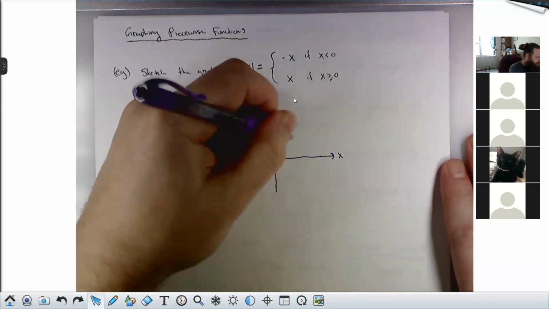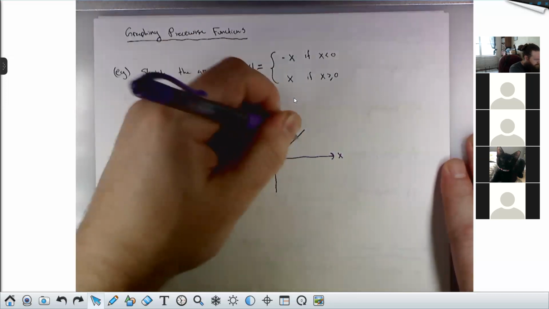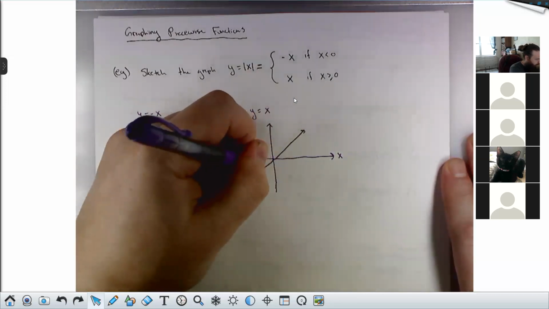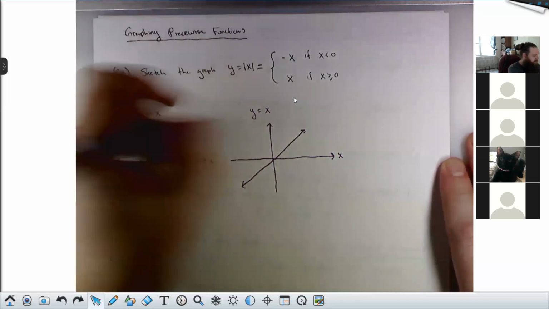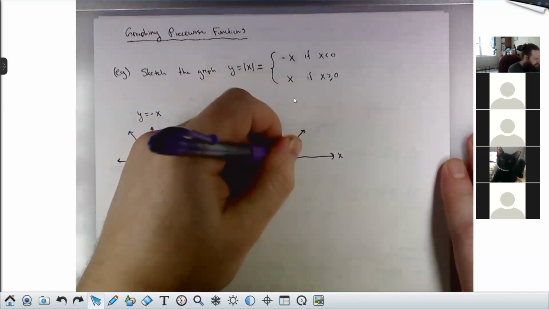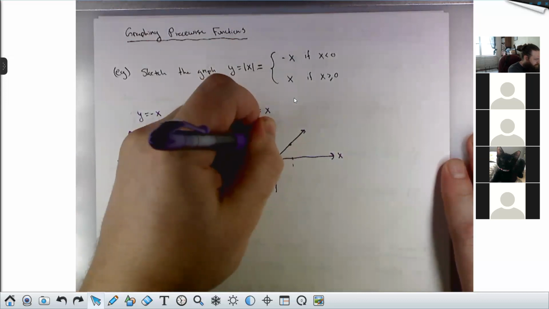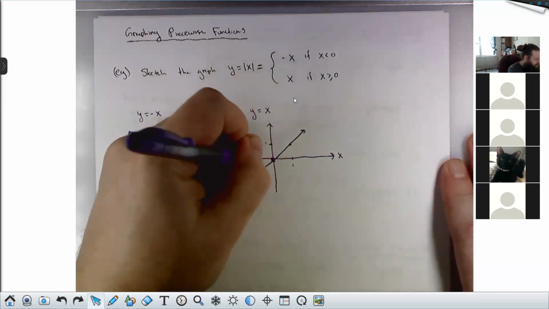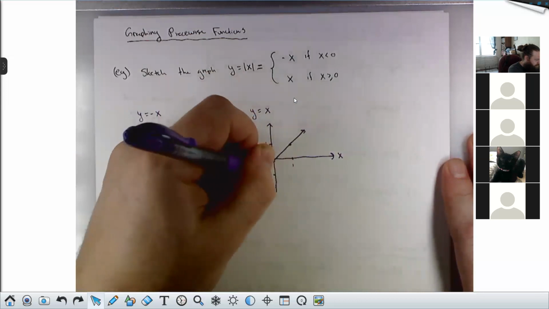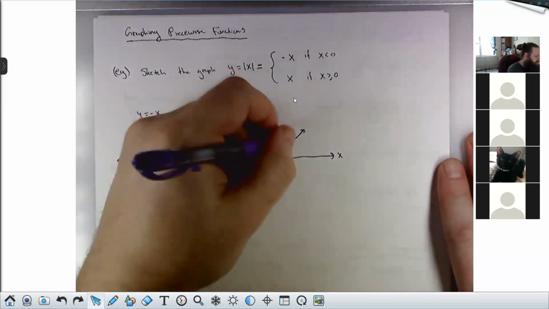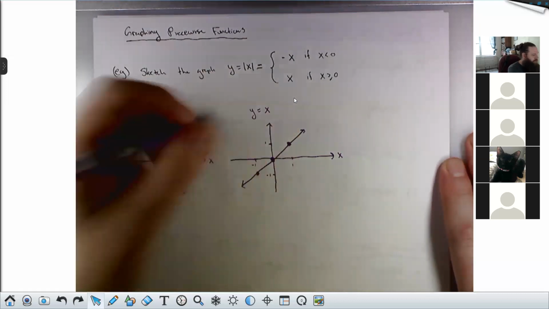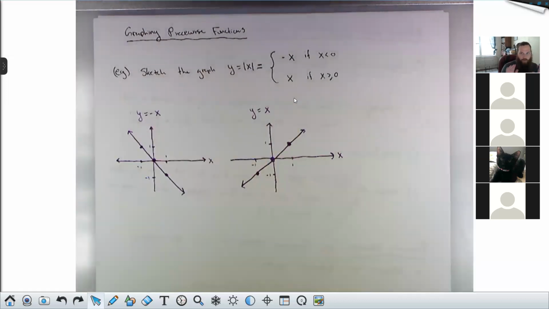Similarly, y equals positive x is a line through the origin with slope +1. So again, 0, 0 is on there. 1, comma, 1 is on there. -1, comma, -1 is on there. So to graph a piecewise function, first, you just graph each of the pieces as its own thing. Then, with each one of those graphs, you identify the portion of the graph that matches the specified x values.